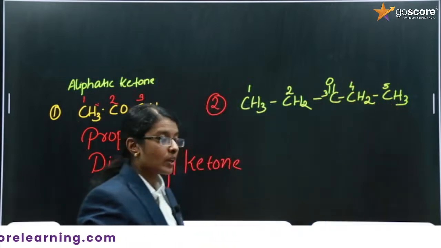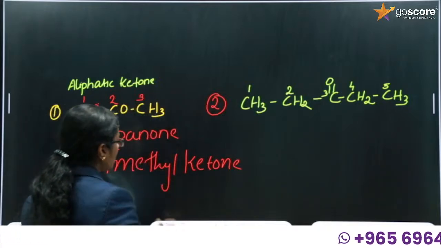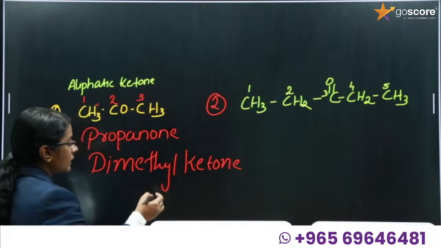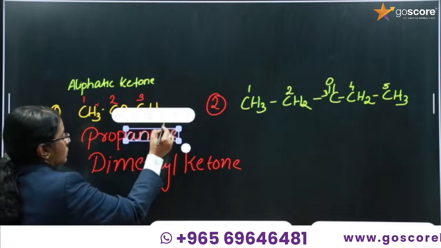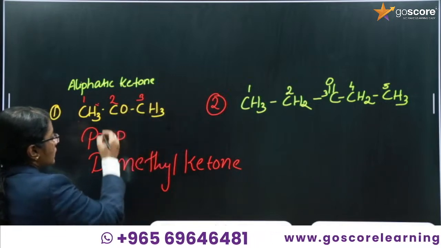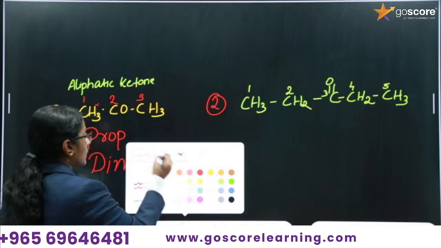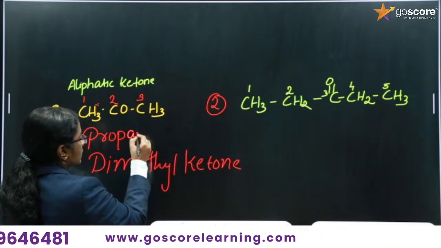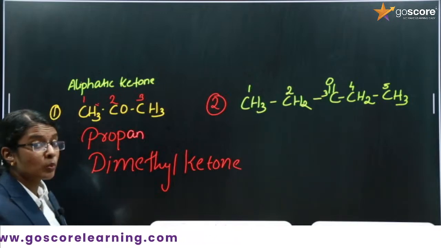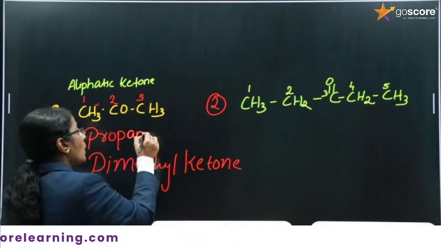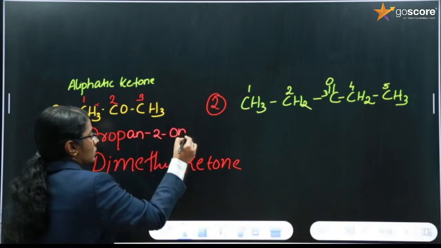Here you have to indicate the position of the ketone also. In which position is the ketone? You have to indicate the position of the ketone. That is propane 2 one.